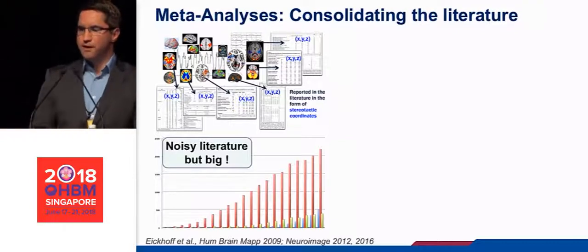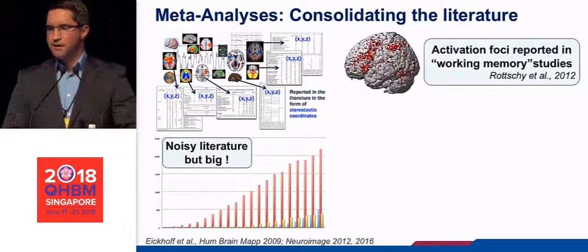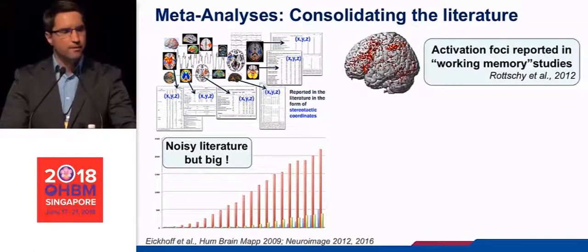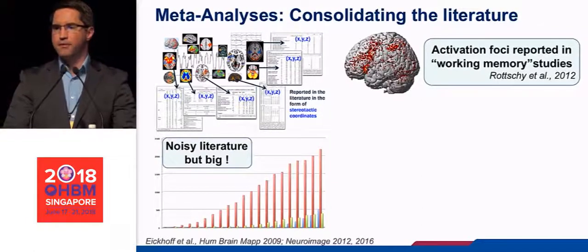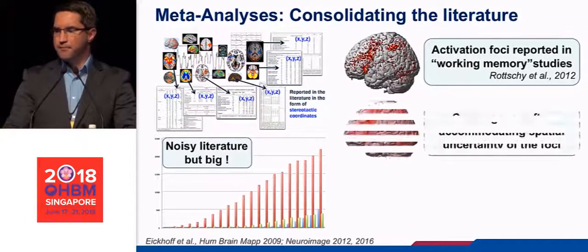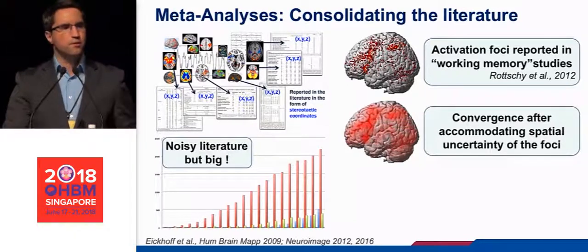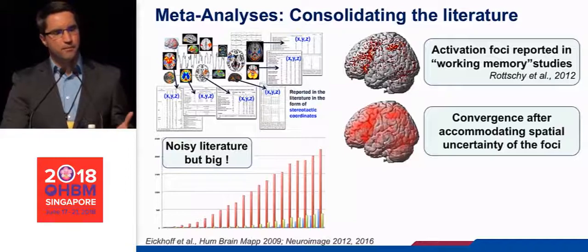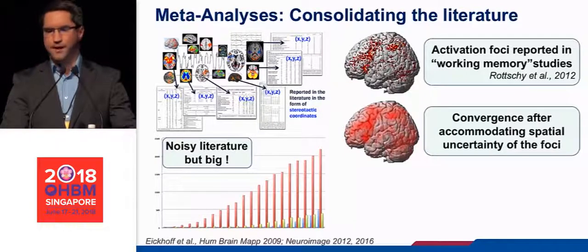So how does coordinate-based meta-analysis work? I'll show you an example here. These are the activation foci reported in about 200 working memory studies, and you see them scattered quite a bit around the brain. Next thing that we do is to compute a convergence map, the activation likelihood estimate, after accommodating the spatial uncertainty of the foci.